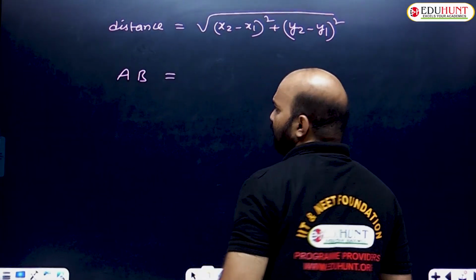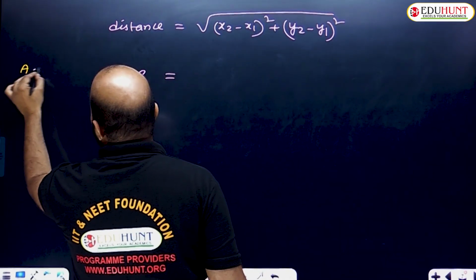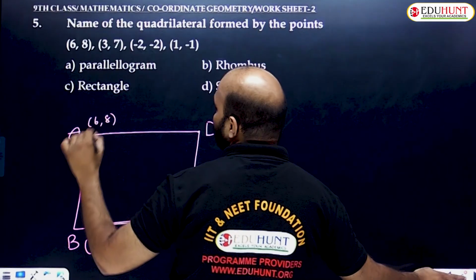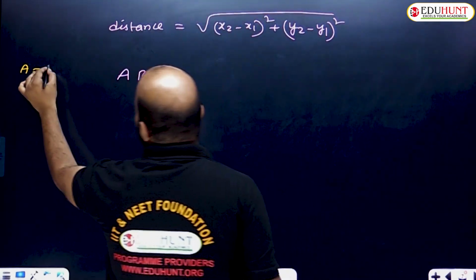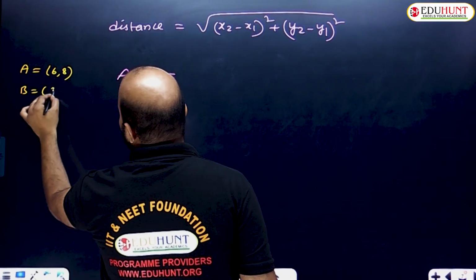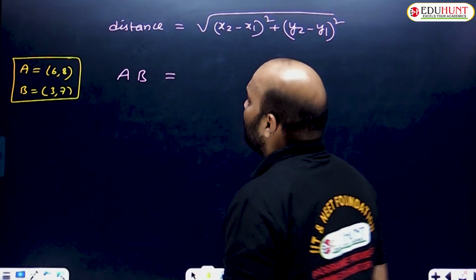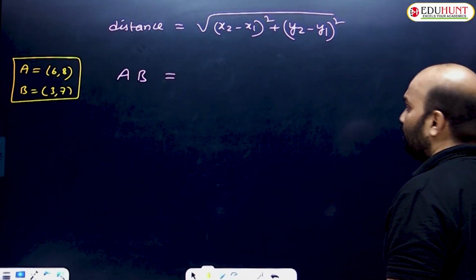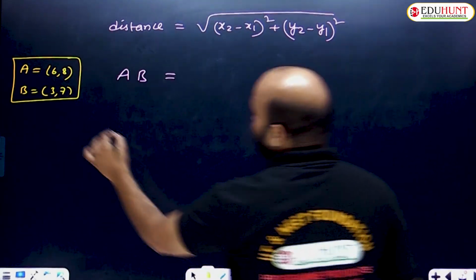A coordinates (6, 8), B coordinates (3, 7), so by using A and B coordinates we will get the AB distance.